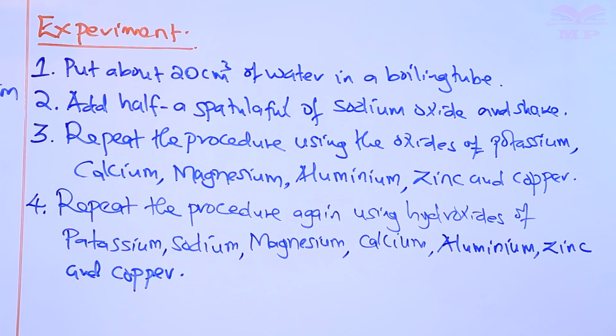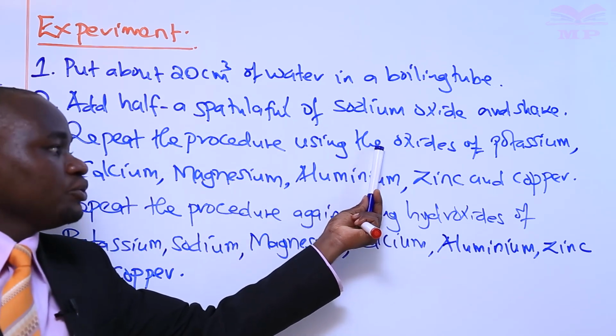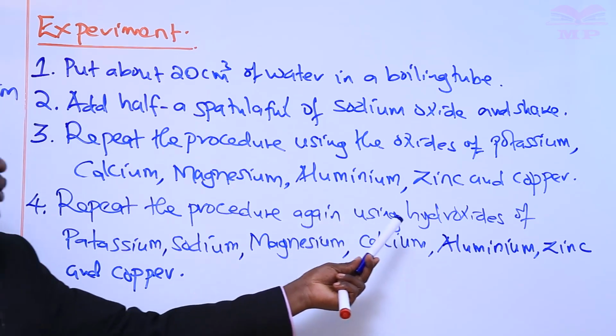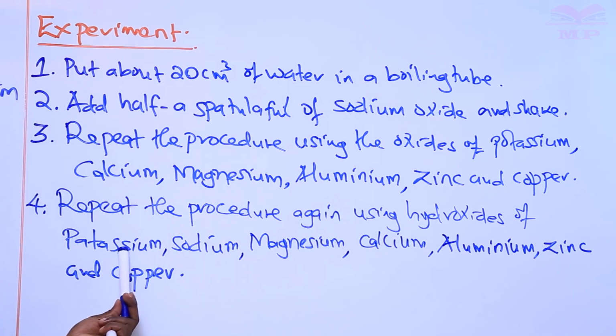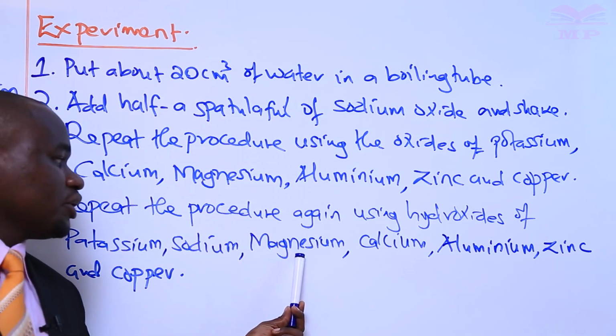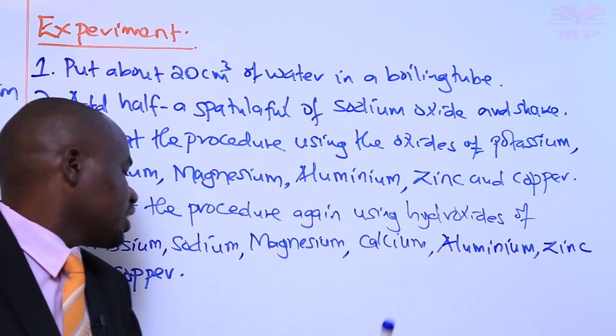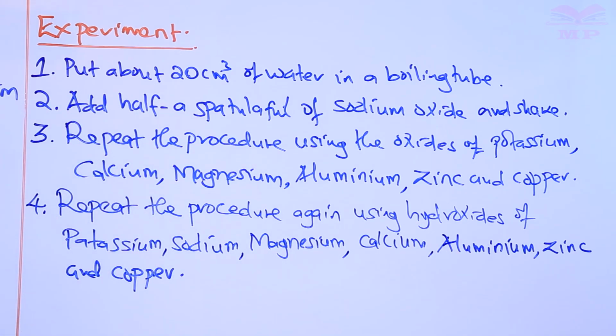So instead of using the metal oxide, you now change and use the metal hydroxide. So you'll use the hydroxide of potassium first, potassium hydroxide, sodium hydroxide, magnesium hydroxide, calcium hydroxide, aluminium hydroxide, zinc hydroxide, and then lastly copper hydroxide.